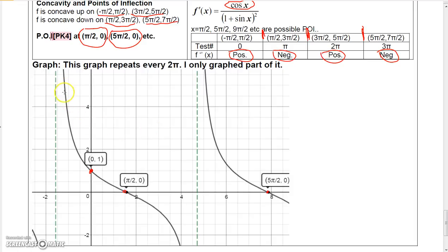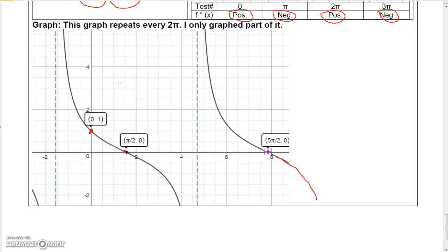So notice the graph is concave up, and then at pi over 2, it's going to switch to concave down until it gets to that asymptote, and that asymptote is actually 3 pi over 2. And then it goes concave up again until it gets to 5 pi over 2, and then it goes concave down until it gets to, I believe, 7 pi over 2.